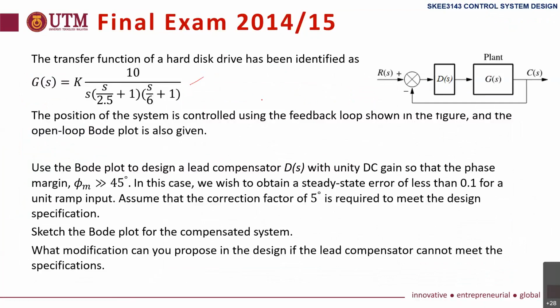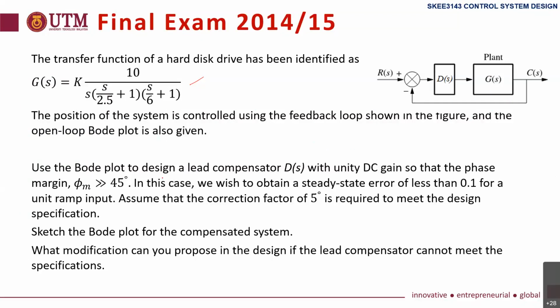This is the transfer function given in a normalized form, s over 2.5 plus 1, s over 6 plus 1. The position of the system is controlled using a feedback loop. This is the system with a feedback loop, and the Bode plot is given.